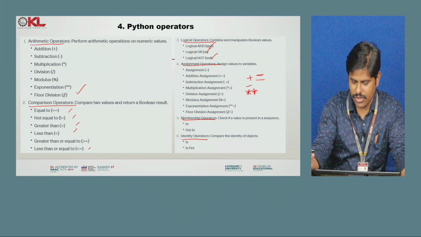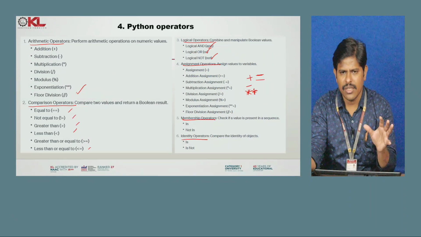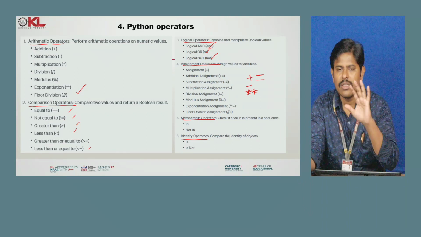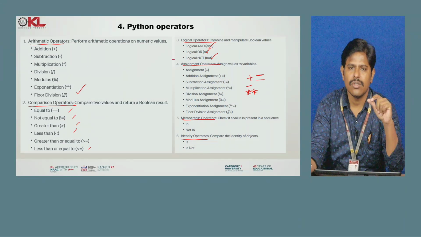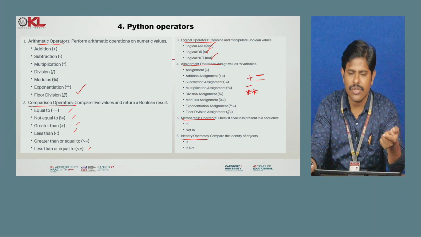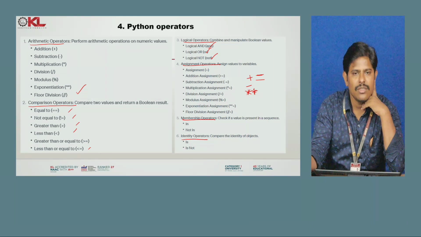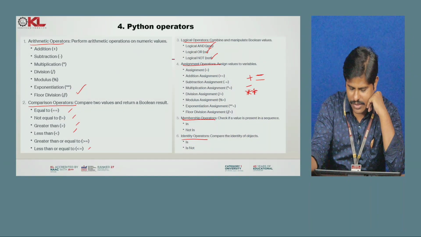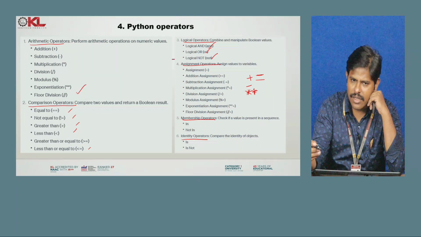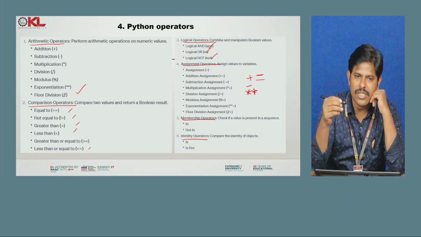So those are assignment operators. Coming to membership operators, suppose you want to say something is a member of a given list, or something is not in the given list, so you want to check the presence or absence of something in data, you use in and not in. And identity operators check identity, whether it is the same object or not.